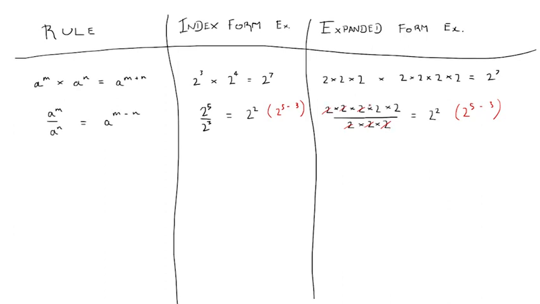When I divide, I can cancel out 3 of these 2s with 2s on the top. I've only got 2 of them left, and that would be 2 times 2, which is equal to 2 to the power of 2. So that's why it works. Make sure you've got that down. We'll move on.